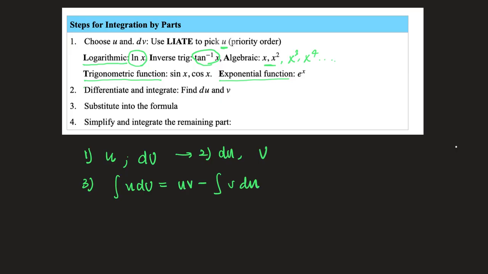You plug everything into this formula. Fourth, simplify and integrate the remaining part. It's a really long process, so you have to make sure to pick the right u and the right dv. Remember, a log function is definitely u. Inverse trigonometric is u too.